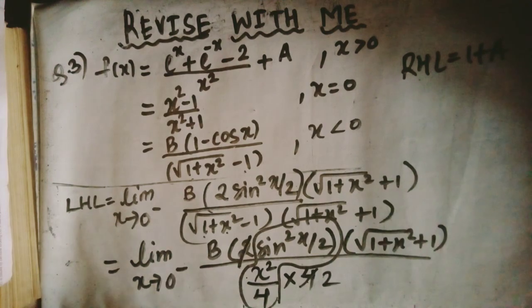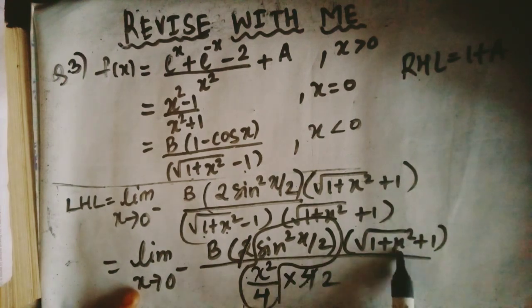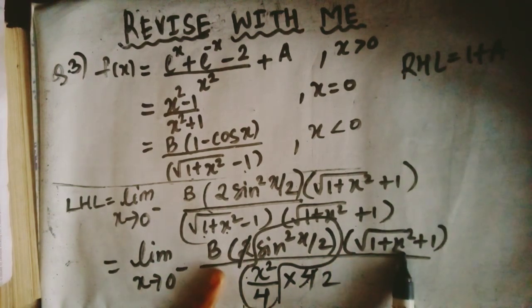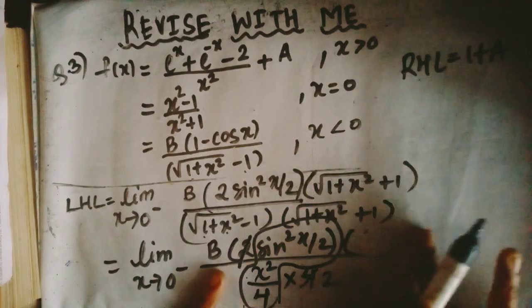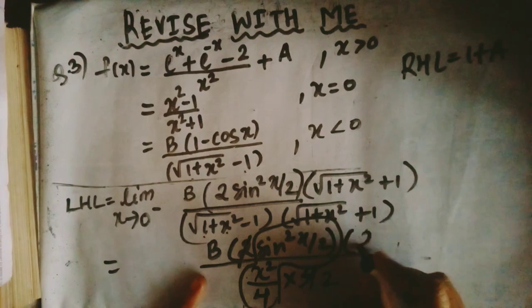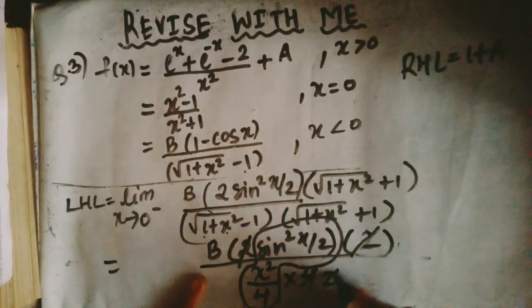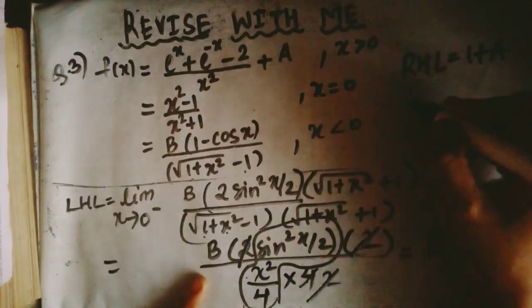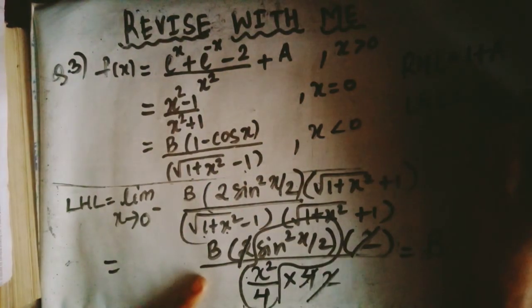Now taking x tending to 0, this term is 0, so 1 plus 0 is 1, root of 1 is 1, so 1 plus 1 you will get 2. I'll remove the limit sign, so this is 2, this 2 and this 2 get cancelled, and you will get here final as b. So our LHL is b.